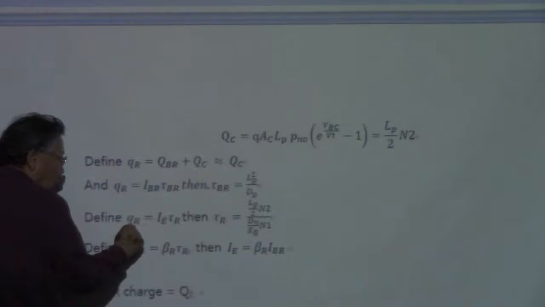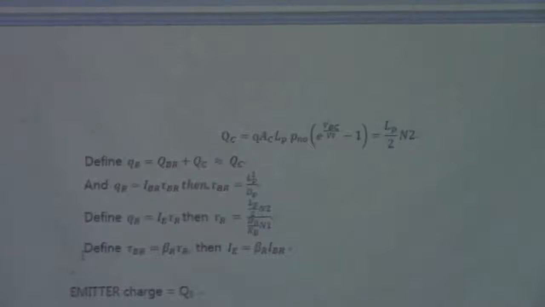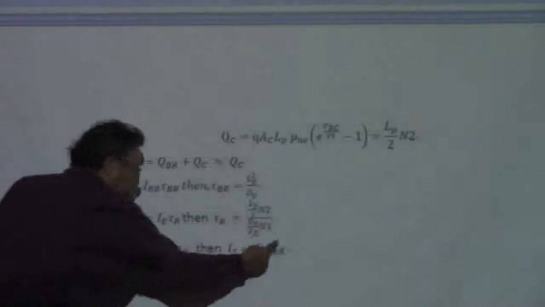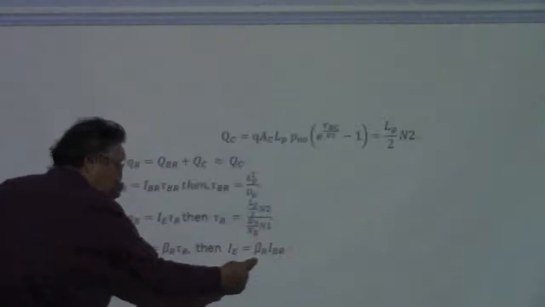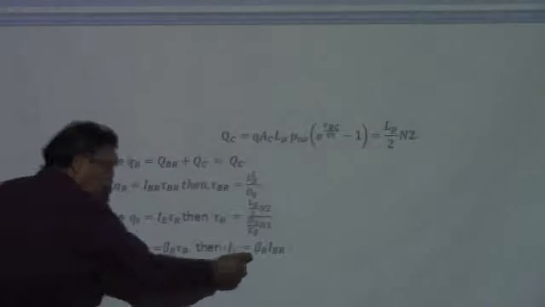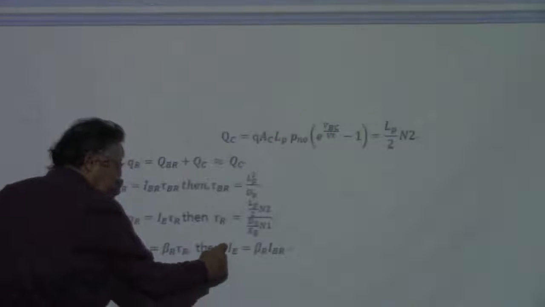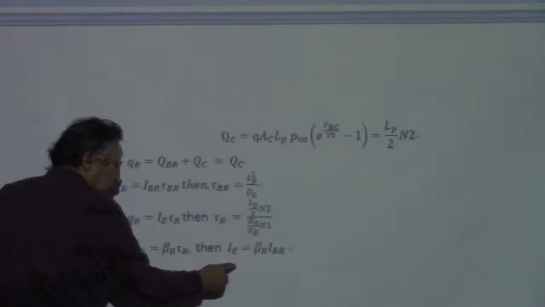And QR should be expressed in that fashion, and then we have to have these relations. The beta has to be defined as IE over IBR.